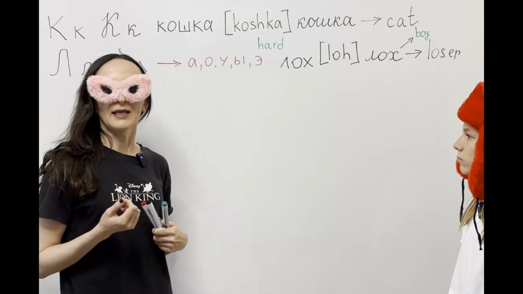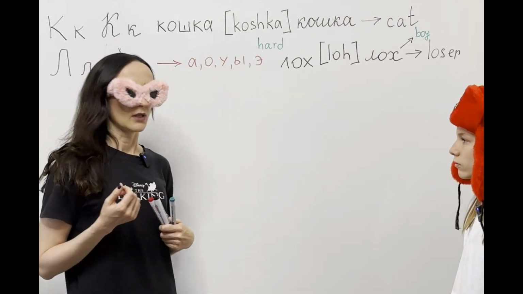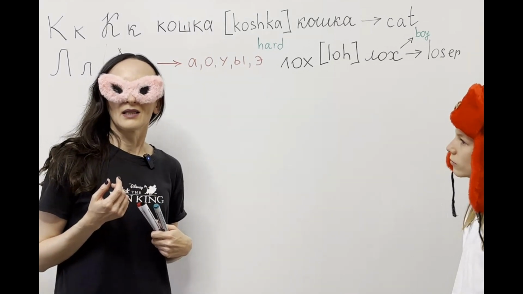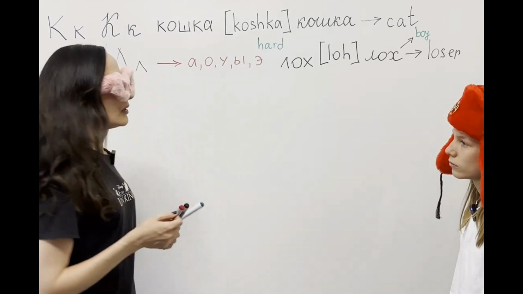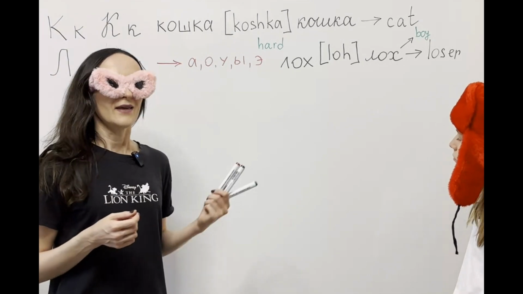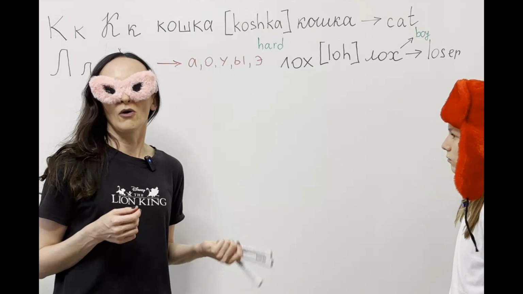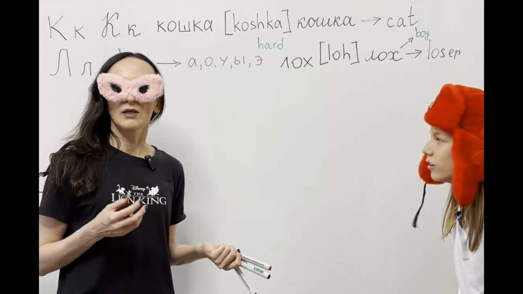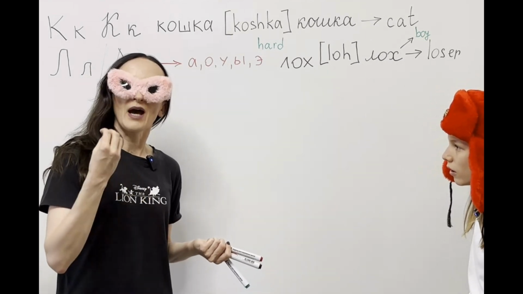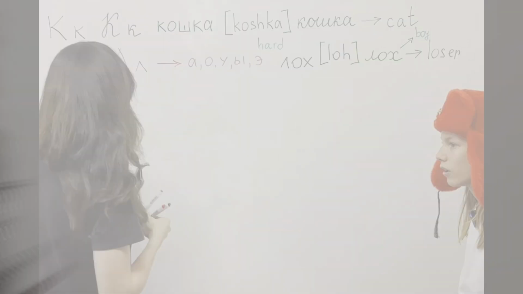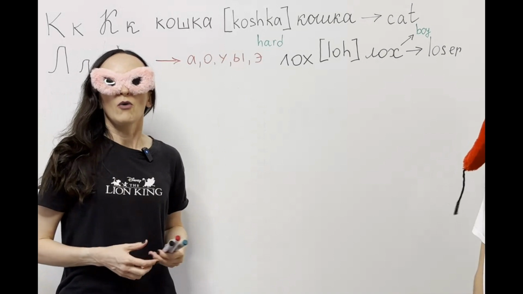Like in English, look, and L, лох. If it was like in English, it would be loch. But it's лох. So the tip of your tongue behind the upper front teeth.